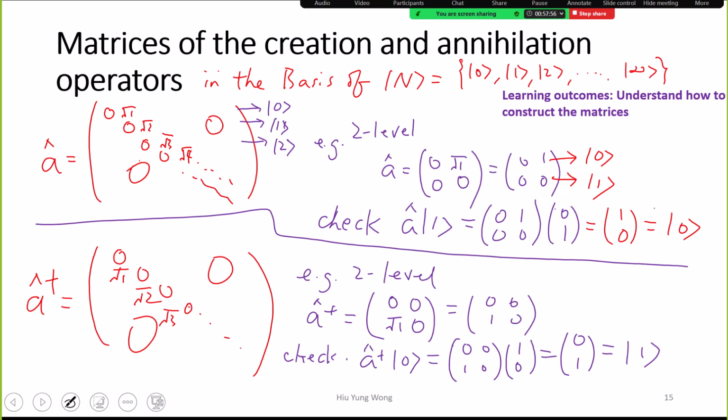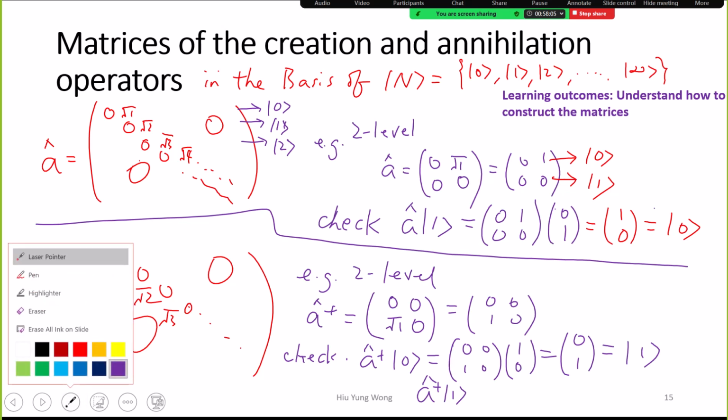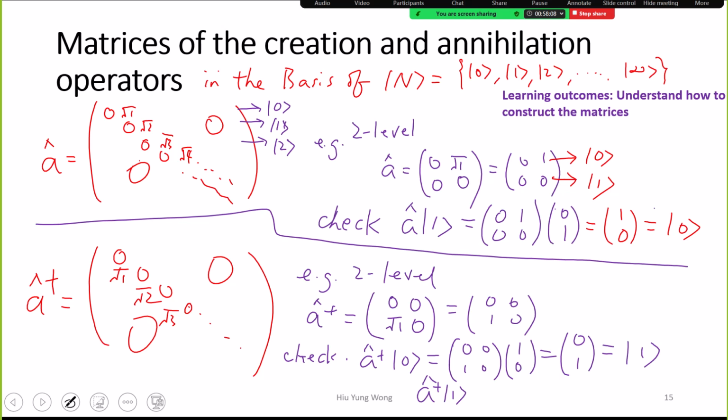Now, what if I do one more time? A dagger A. Now, if this is an infinite system, you know this will bring me to 2. However, I limit it to 2 dimensions. So if I bring it to 2, it's meaningless to me because it exceeds my Hilbert space. And indeed, you see that the matrix also captures it, because now I apply it to 0, 1, and this is equal to 0, 0, which is 0, right?